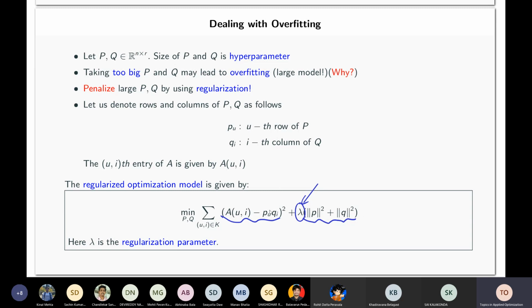Now, if there were certain rows and columns of U that were really not needed, and are just unnecessarily increasing the model size to overfit, those will be set to 0 by the optimizer, because the optimizer has a hand on this. Of course, it depends on how much sensitivity you want to give to the model being very large.